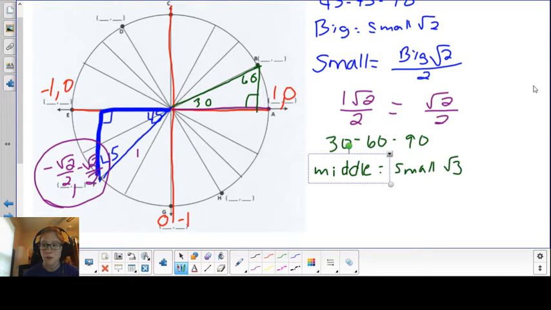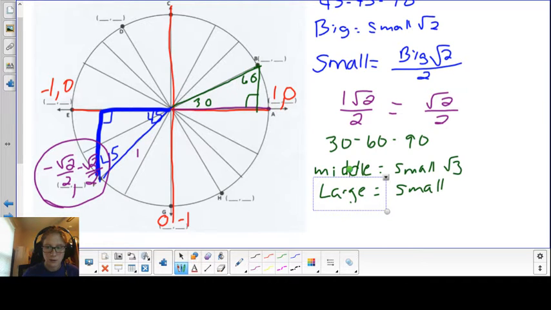Still square root, yes, but it is not the same as square root of 2. So we have our 30. We're looking for the 60. We're going to take that 30 side, whatever it is, and multiply it by the square root of 3. If we're looking for our large side, and we have our 30 side, we're going to take that small side times 2.